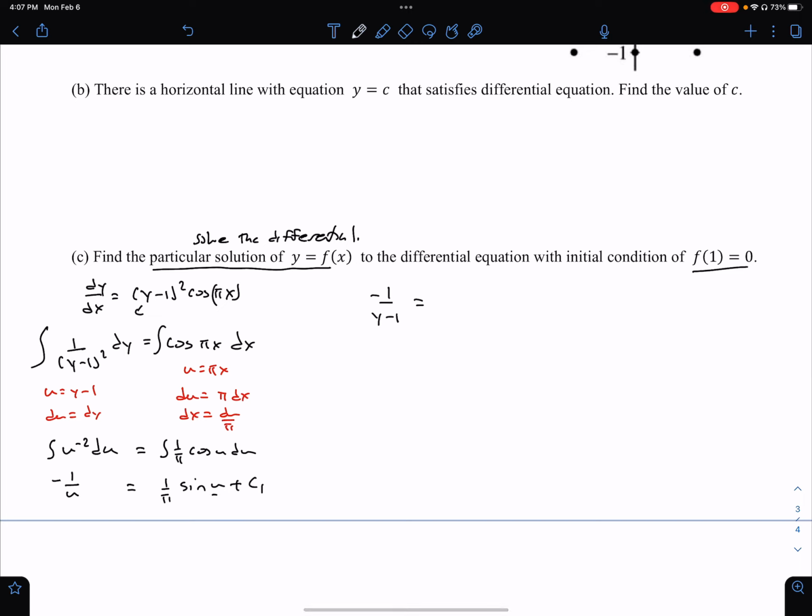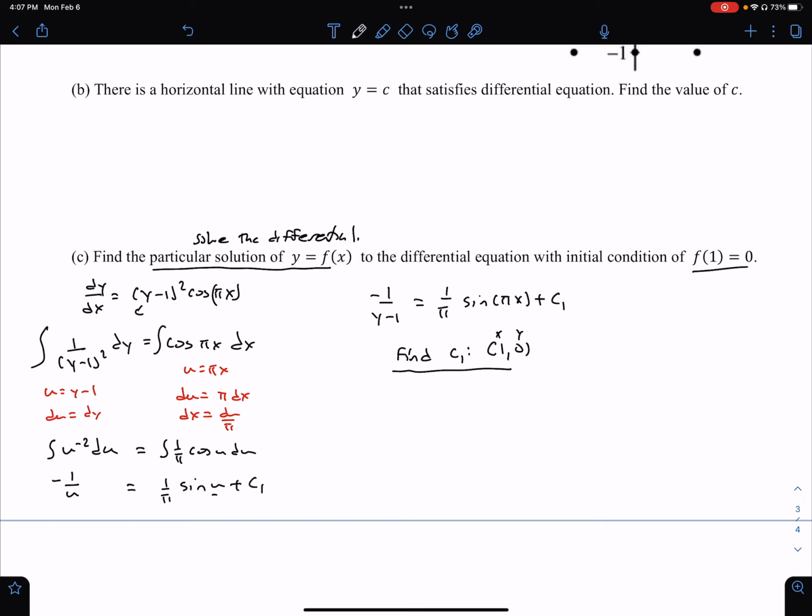I'm going to replace my u. We will get 1 over pi sine of pi x plus c1. And now we are going to find c1 by using the initial condition (1, 0). There's x and there's y. Just plug in.